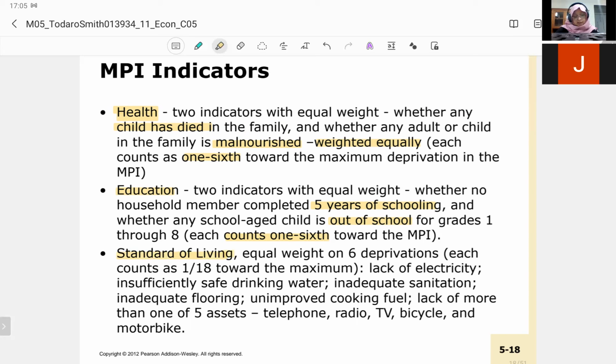The standard of living indicators are lack of electricity, insufficient safe drinking water, inadequate sanitation, inadequate flooring, unimproved cooking fuel, and lack of more than 5 assets: telephone, radio, TV, bicycle, and motorbike. And all will have equal weight.